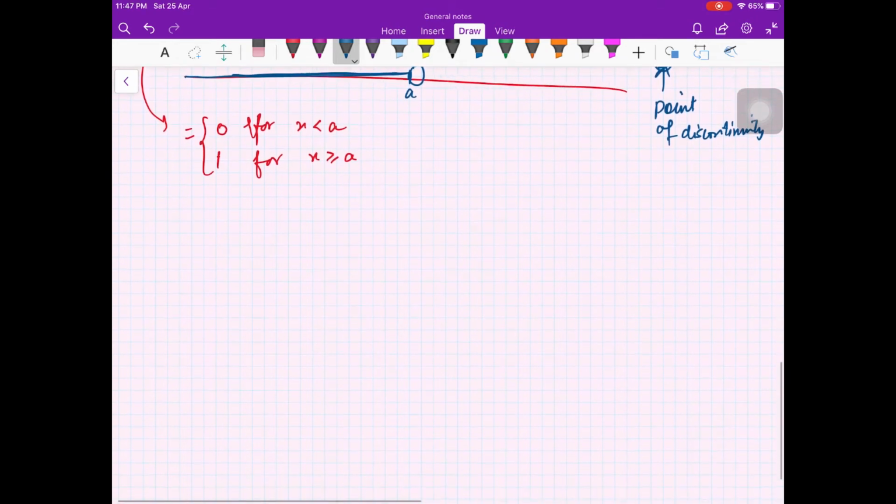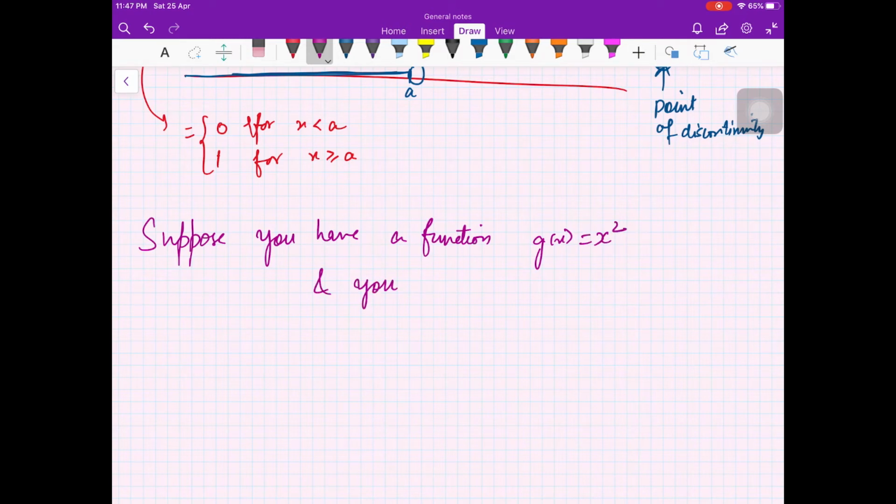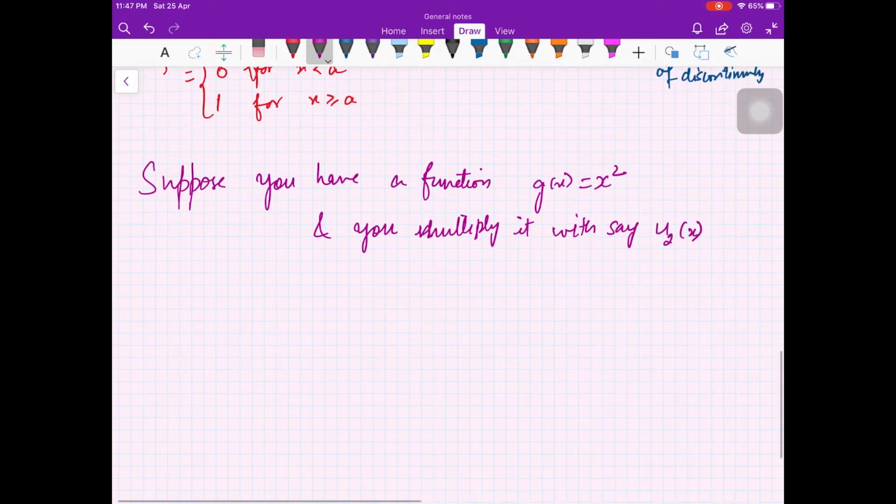Fine. Okay, so now suppose you have a function g(x) equal to x square, right? And you multiply this function by, say, u_2(x). Now can you think what will happen?